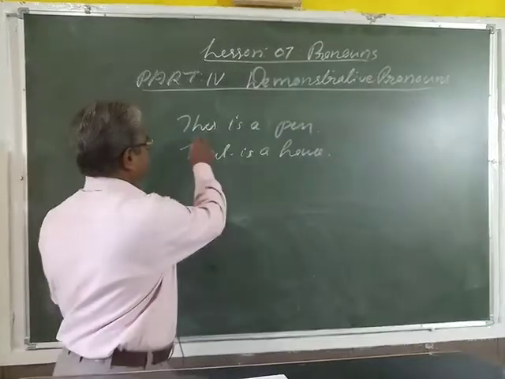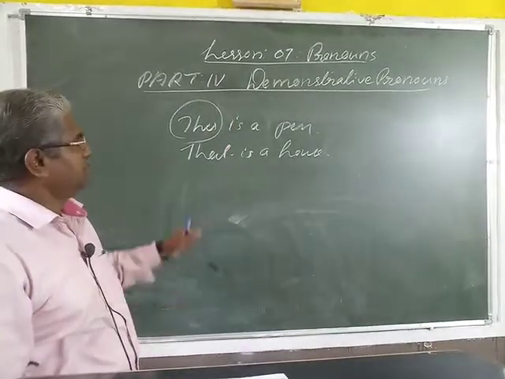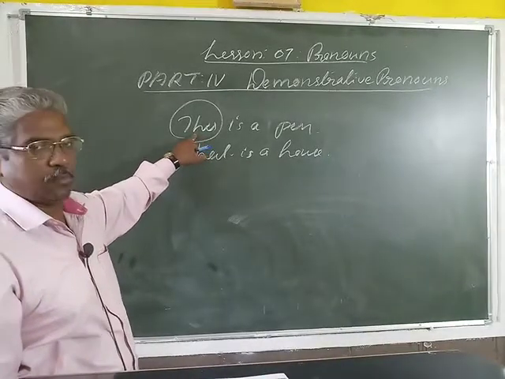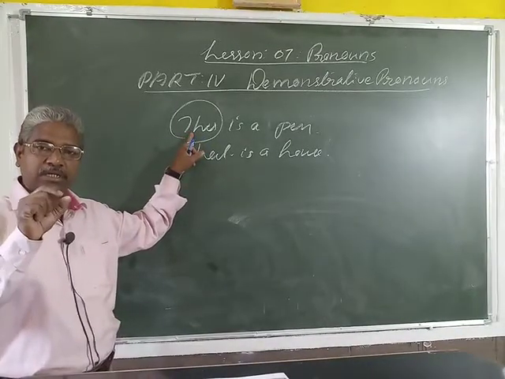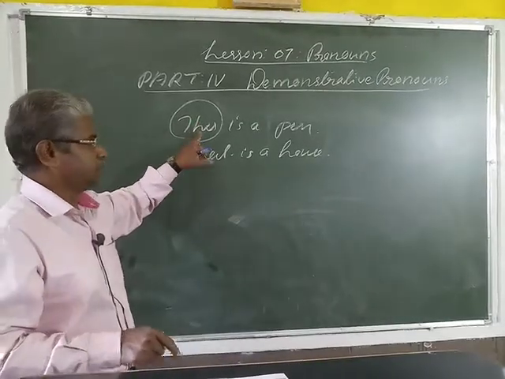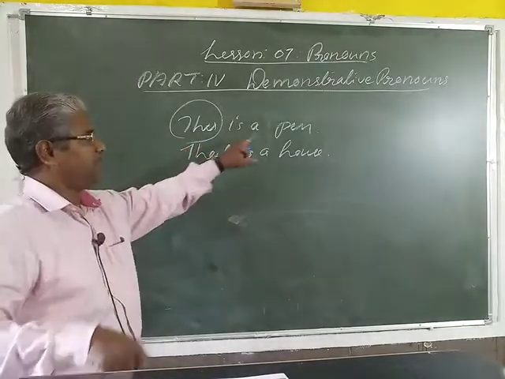Here, this is known as the pronoun in this sentence, and the kind of pronoun is demonstrative pronoun. Here, this is known as the demonstrative pronoun because this pronoun points out the object.